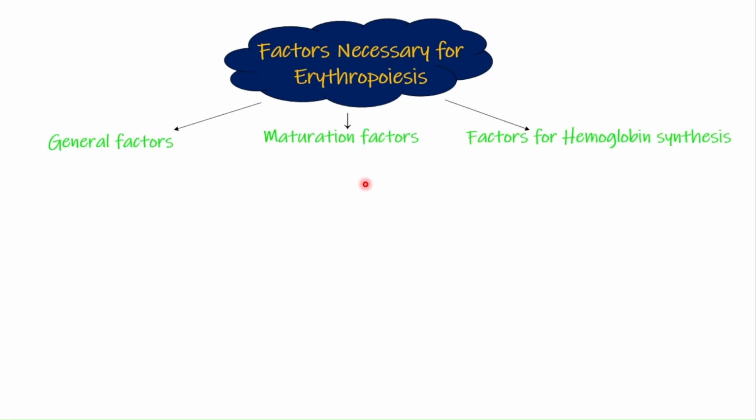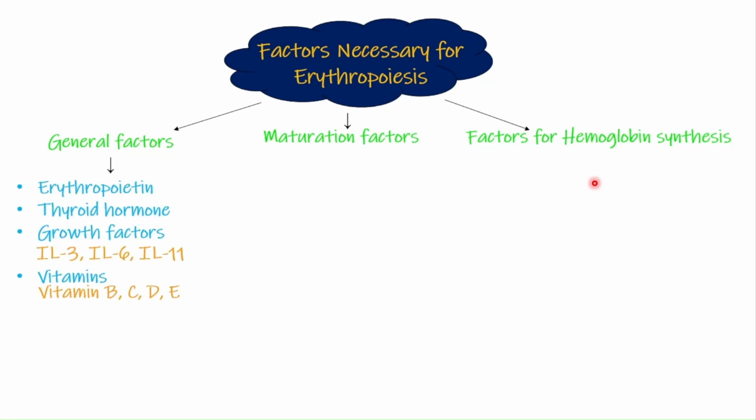Now let's discuss the factors necessary for erythropoiesis. There are 3 types of factors. One is the general factors, then we have maturation factors, and then we have factors for hemoglobin synthesis. The general factors necessary for erythropoiesis: obviously, we need erythropoietin. Then we need thyroid hormone, which is extremely important for erythropoiesis.